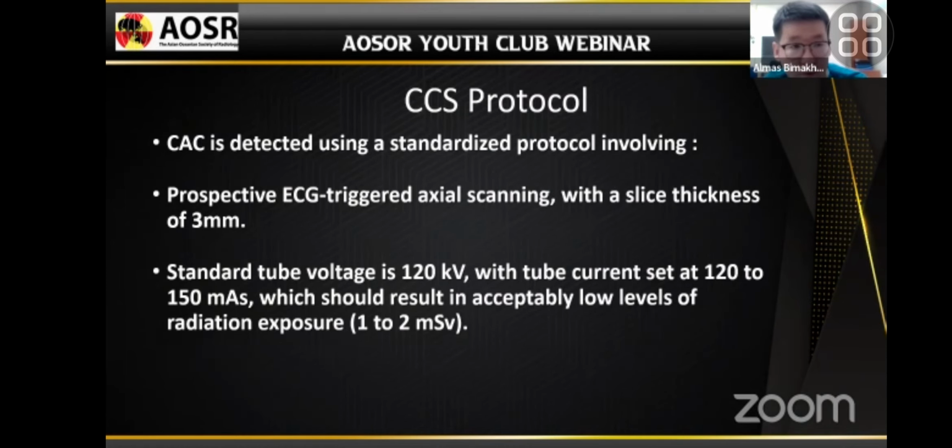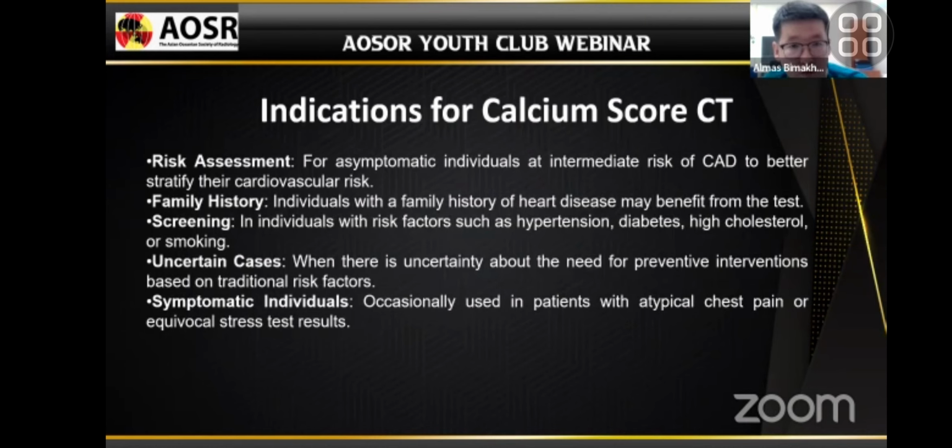Indications for calcium score CT: risk assessment for asymptomatic individuals at intermediate risk of CAD, to better stratify their cardiovascular risk. Family history: individuals with a family history of heart disease may benefit from the test.